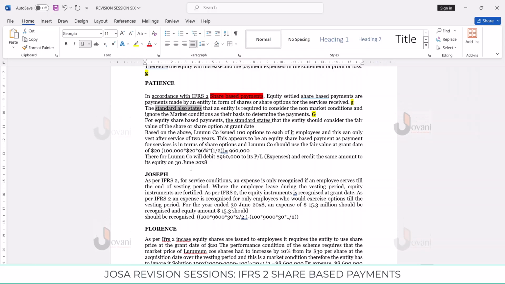"That the entity should consider the fair value of the share or share options at grant date." I'm going to give you how I can phrase mine: consider the fair value of the shares or share options at grant date. This is good. It will get you a mark.